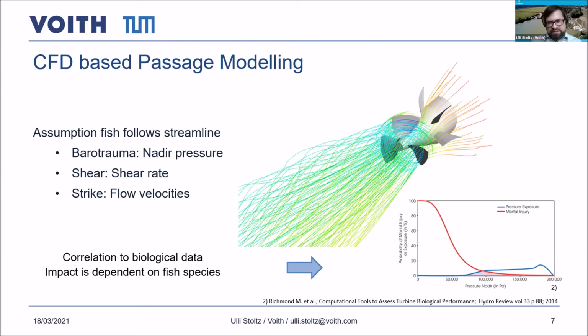Then we get a probability, that's the blue curve, that a certain pressure, in this case, occurs. And this is put into relation to how mortal or injurious this is for the fish. Then you get a certain amount on this curve, and this is when a fish has a mortal injury caused by the passage through the turbine.